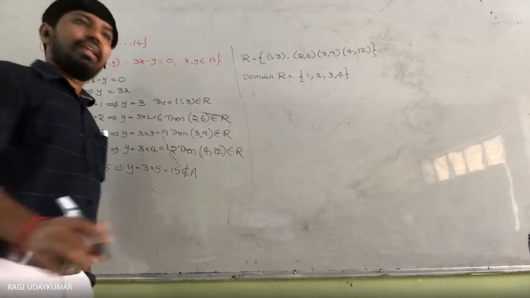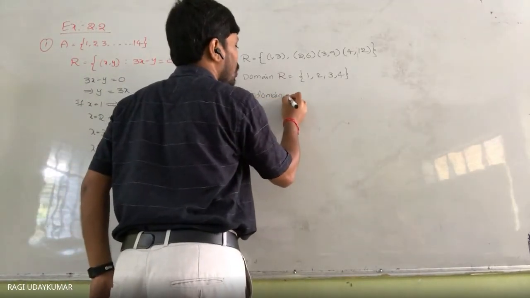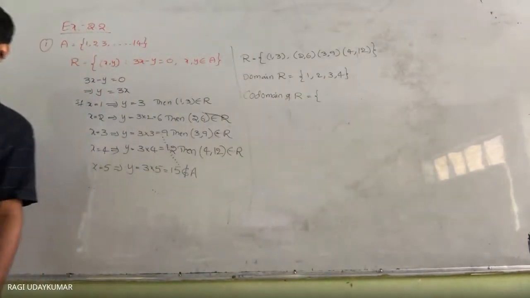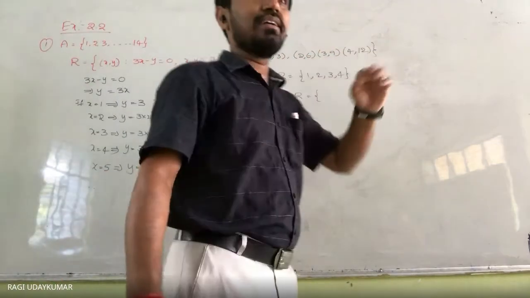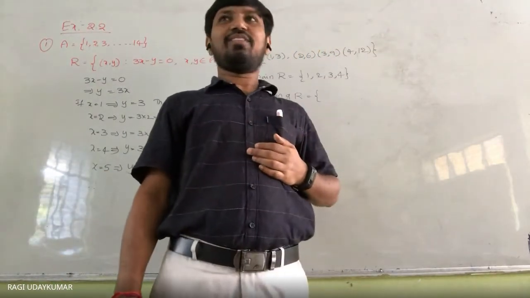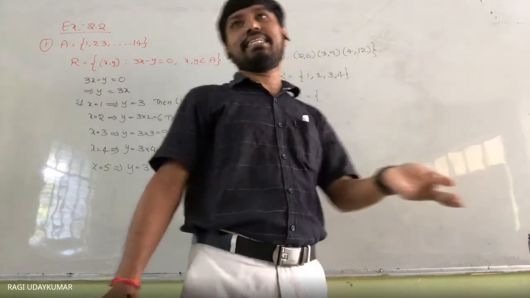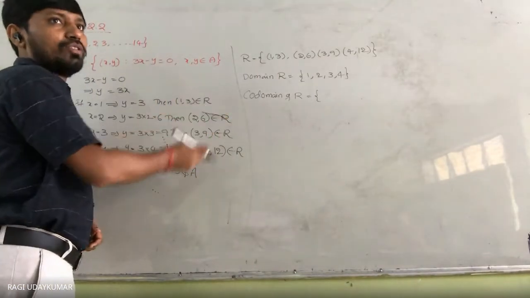Okay? Domain is done. What is being asked still? Codomain of R. What is the codomain of R? Codomain is 3, 6, 9, 12, right? No, that is the range. The codomain is all the elements of the second set. Here it is defined from A to A, so the second set is what?